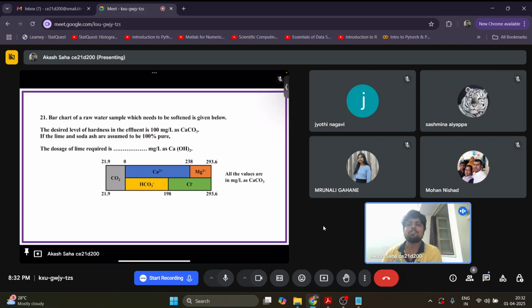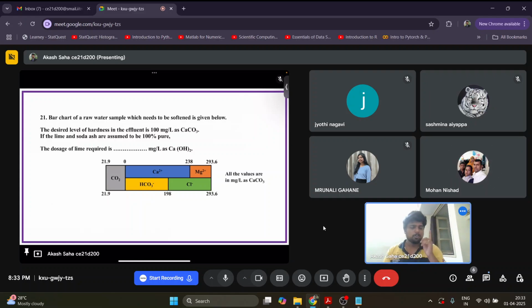So what amount of lime is required? Sir, 193.6 divided by 50 into 53. Why 53? 53 is the equivalent weight of soda ash, not lime. Lime is 37. Yes, that is the exact answer.